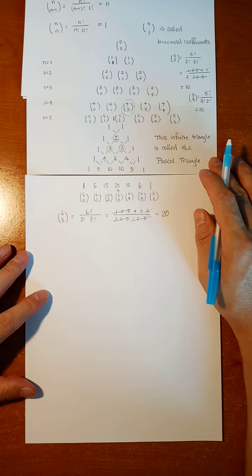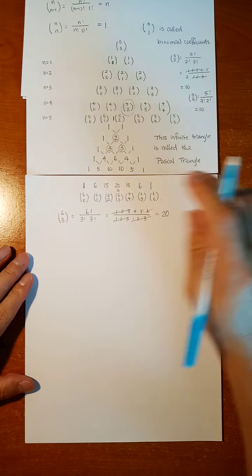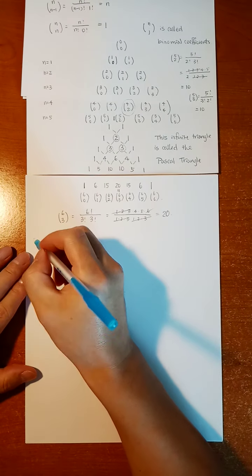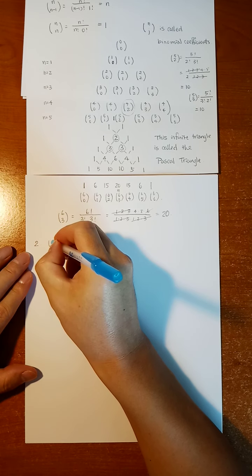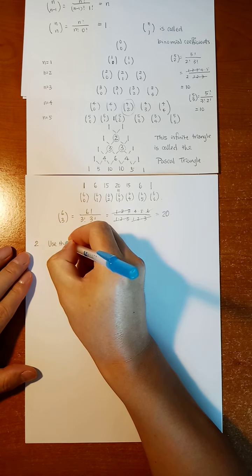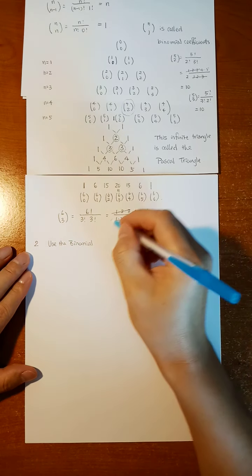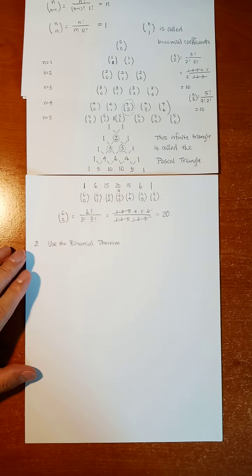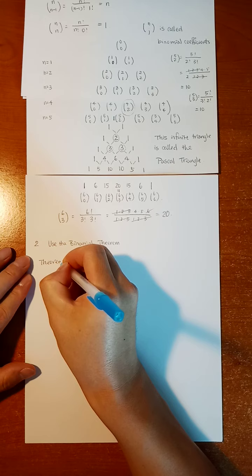So this is n choose j, and we can find the n choose j one by one. The second part: use the binomial theorem. So what is the binomial theorem? In this section, let's state the theorem.